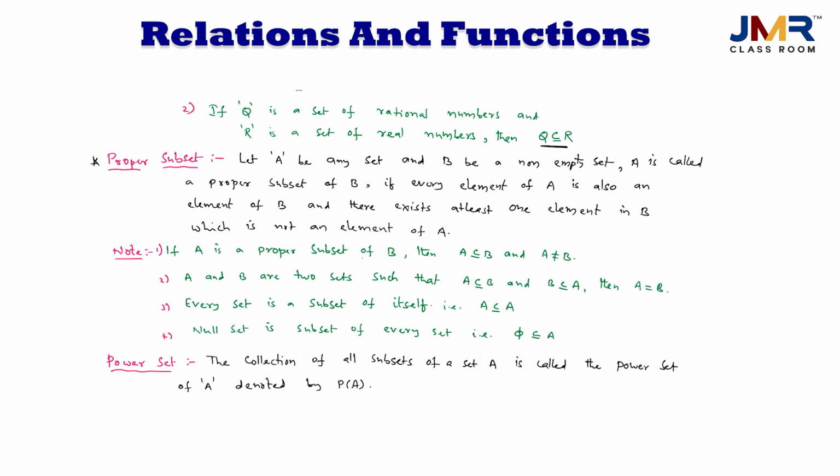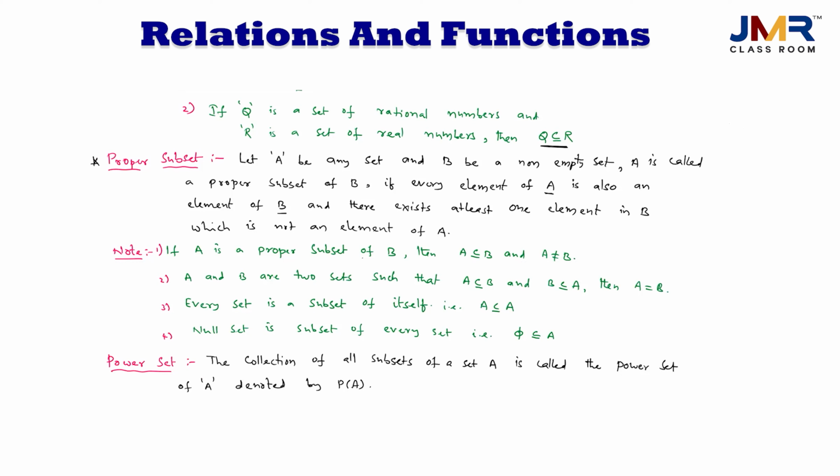Now, proper subset. First we discussed subset, now proper subset. What is a proper subset? Let A and B be any two non-empty sets. A is called a proper subset of B if every element of A is also an element of B and there exists at least one element in B which is not an element of A. What is a proper subset?